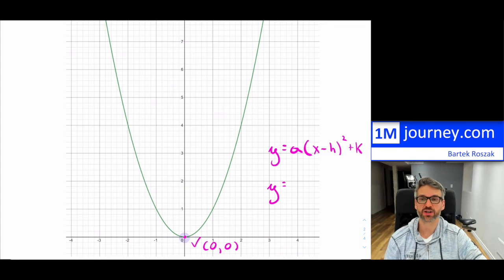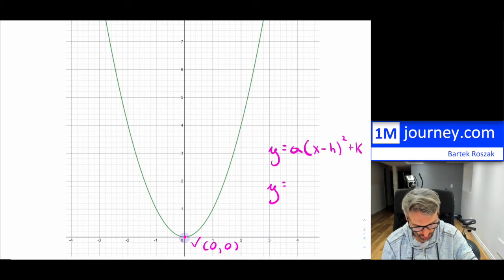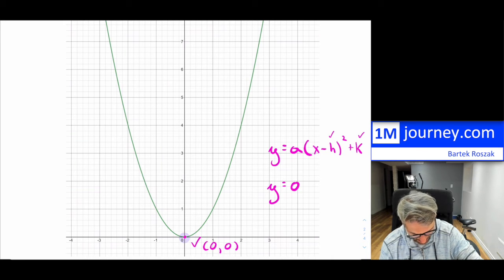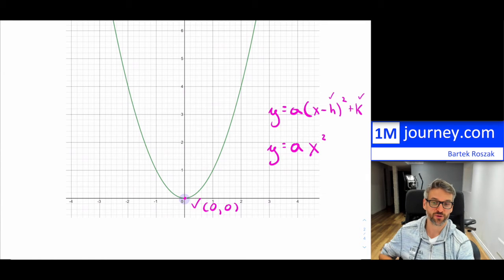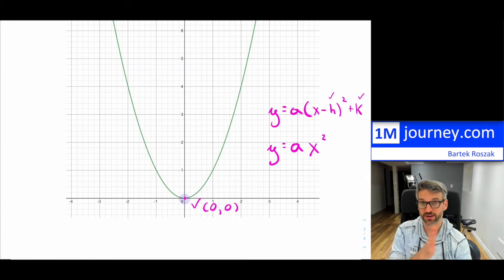Now the a is going to be positive because it's looking upwards. Since h is 0 and k is 0, this boils down to a times x squared. So I have my first step, that's my vertex. If your vertex was shifted somewhere different, and I'll give you a couple of other examples, you're going to have to fill that in.